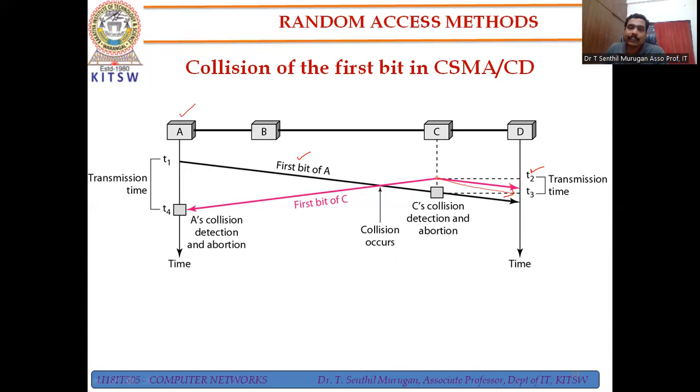But in the reverse direction, when the first bit meets here, the collision may occur. Within the time limit, when it gets the first bit of C, it automatically knows that a collision may have occurred.